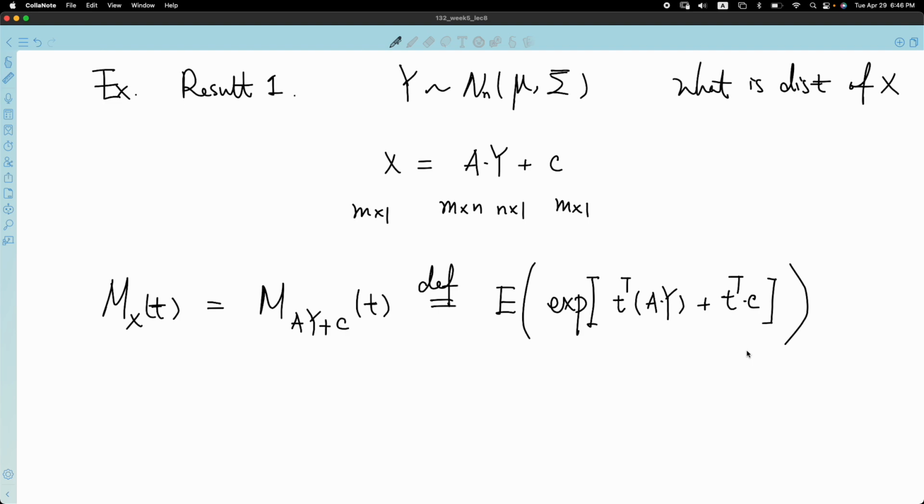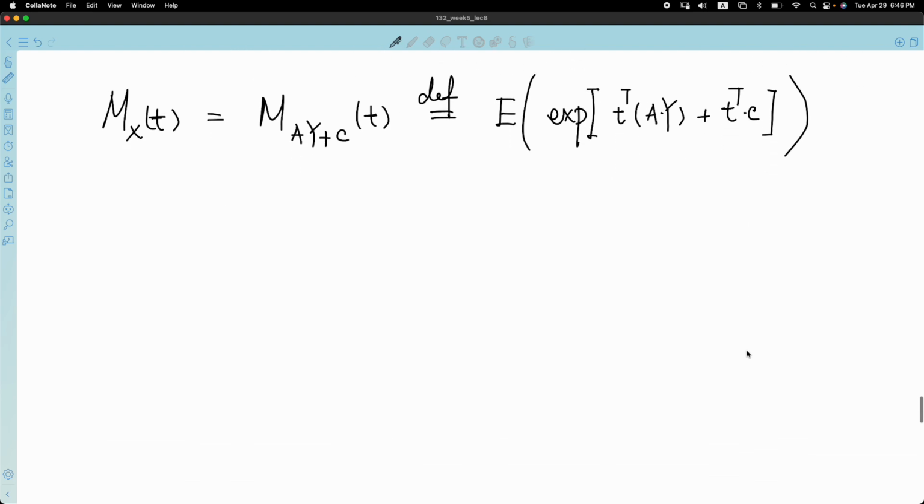Do you agree with that? Any questions, comments? Okay. Expectation of the exponential of a sum is the product of the exponentials.